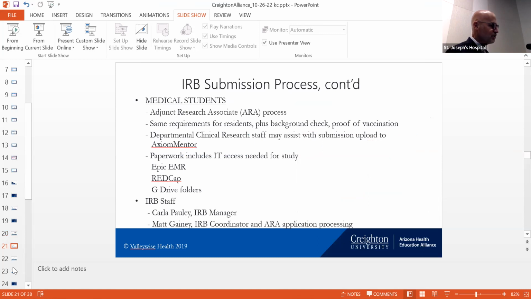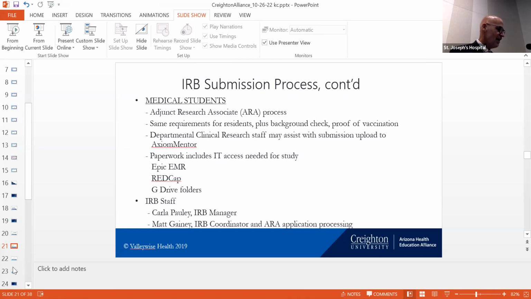Okay, and then medical students, if there are any paying attention to this, at Valleywise, you're required to be granted adjunct research associate status, which requires the same stuff that I mentioned on the last slide: the CITI program documentation, an updated CV, and a conflict of interest form.